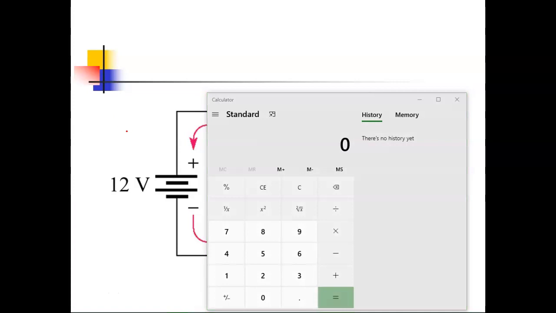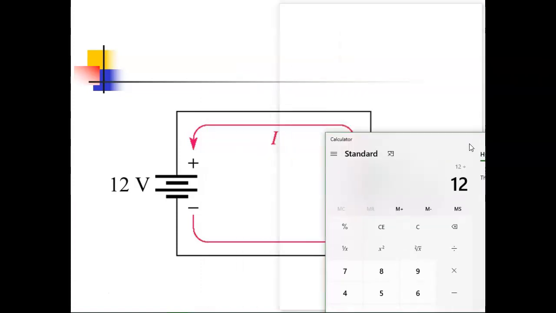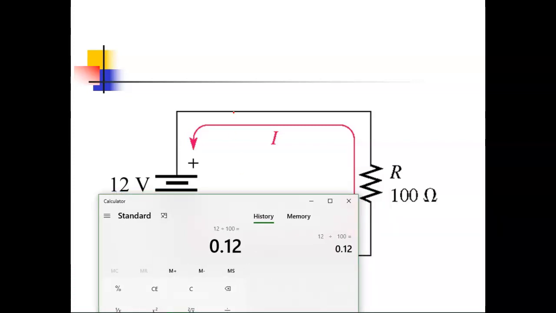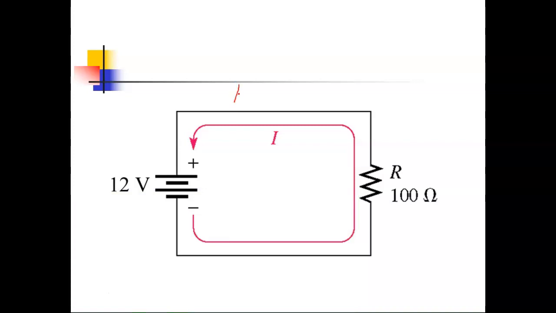So what you should have is 12 divided by 100 is 0.12. So what you should have had was 120 milliamps.